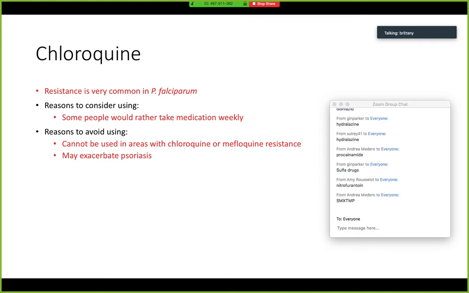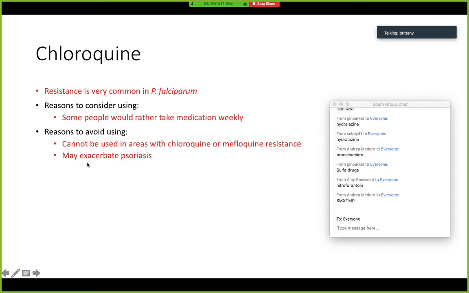Okay, so with chloroquine, you want to know that chloroquine resistance is very common, especially when you're talking about P. falciparum. And also the fact that it may exacerbate psoriasis.